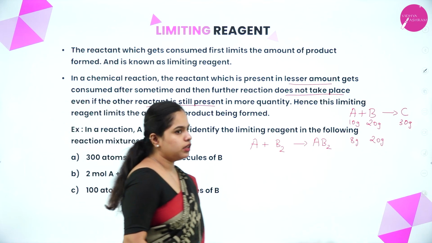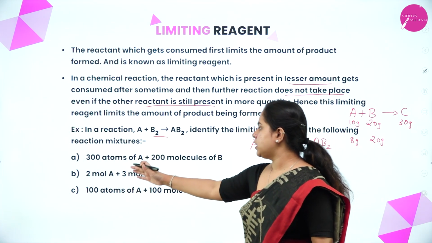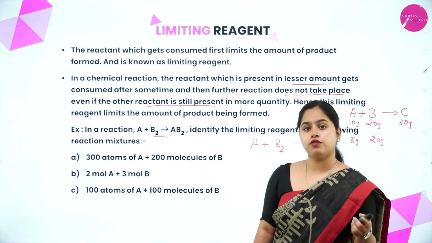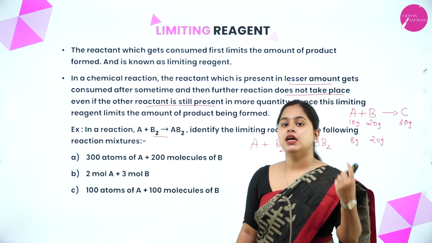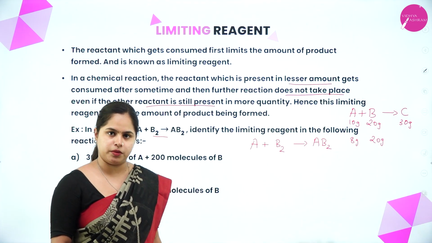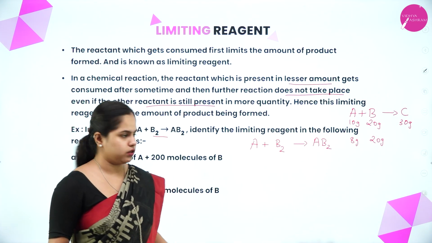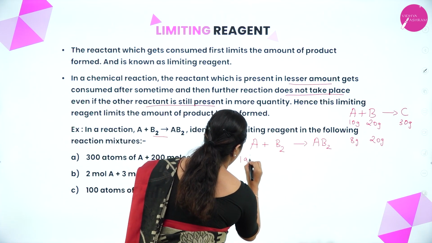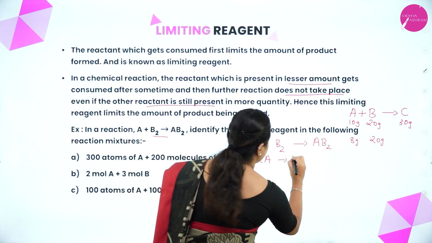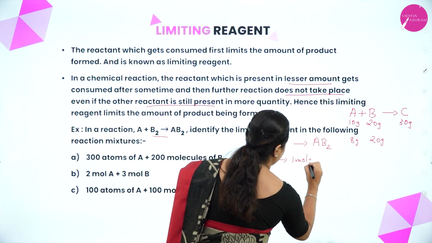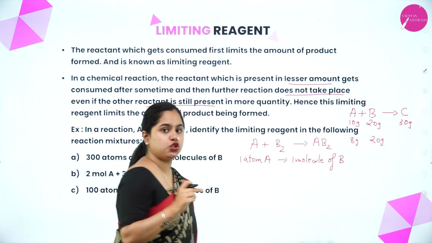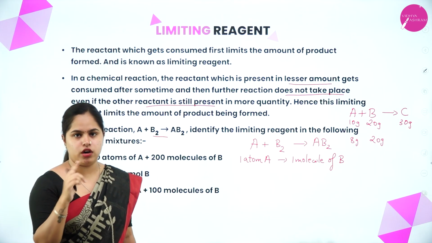Now the first part is, when 300 atoms of A and 200 molecules of B react, you have to find out which among these is the limiting reagent. From the equation that is given, what information can you obtain? It is in terms of atoms and molecules. For one atom of A, there must be one molecule of B. You can see it is B2 here, 2 atoms, that means one molecule of B2.